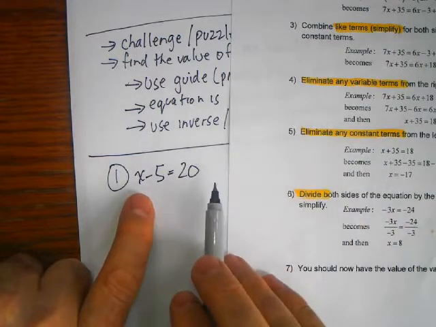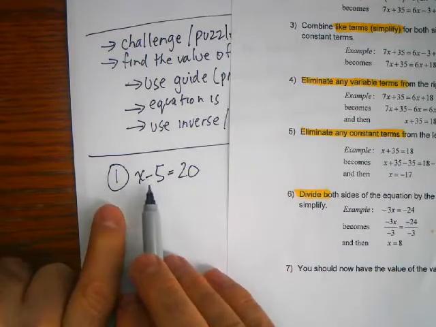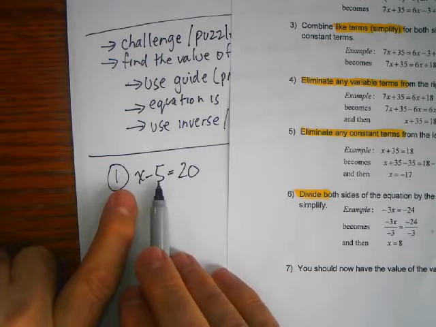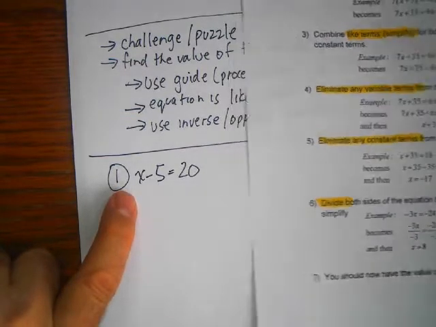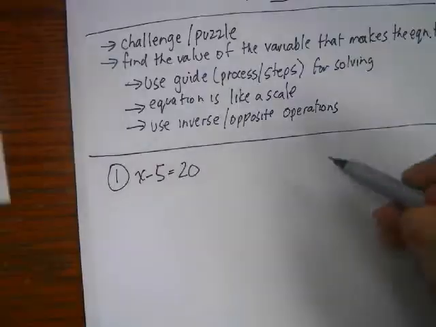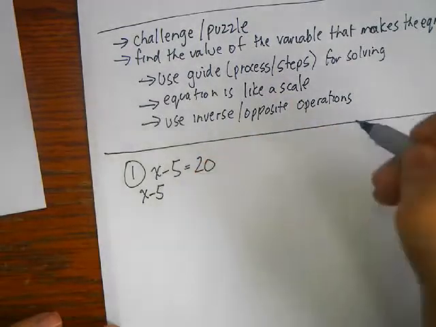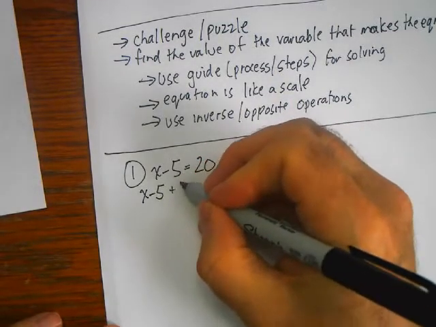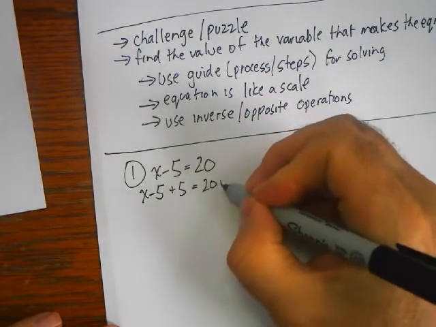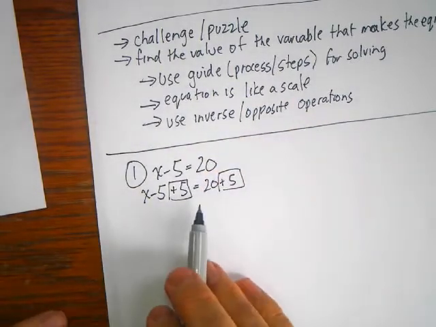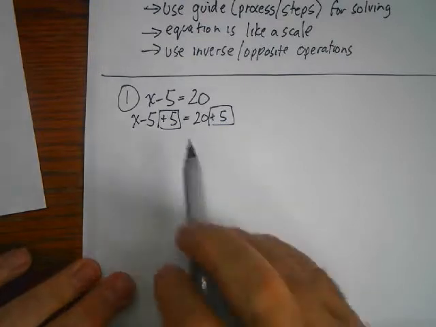Okay, so what I'm looking at here is on the left side, I only want x's, so that minus 5, or subtract 5, I want to get rid of that. Like I said before, we do the opposite operation. So if you do this the long way, what I'm going to do to both sides is add 5. I'll put a little box around there just to show you all I've really done here is add 5 to both sides.